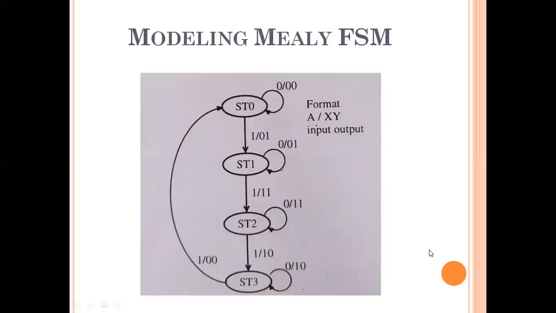A finite state machine is nothing but a mathematical model having finite states and finite inputs. In this example, the number of states is four: state zero, state one, state two, and state three.